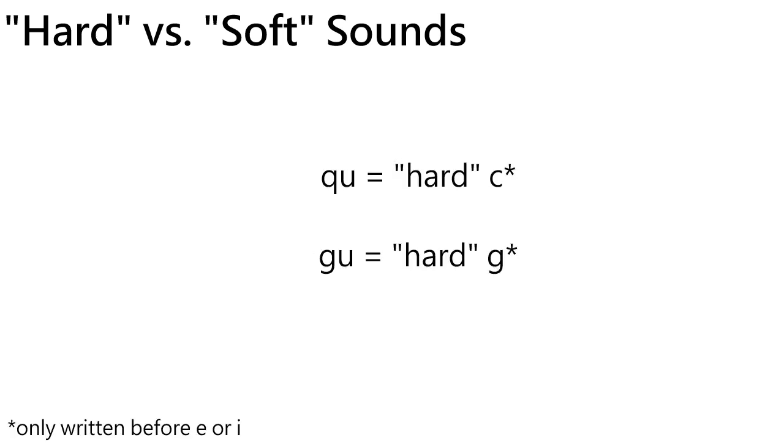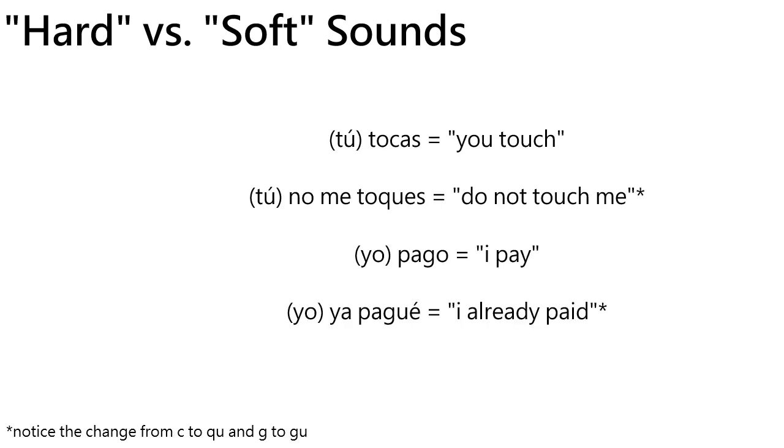The sound of the digraphs QU and GU are equivalent to the hard sounds of C and G, but you will only ever see QU or GU written before an E or an I. This is due to the fact that you cannot write a C or a G on its own before an E or an I without changing the pronunciation of a word.